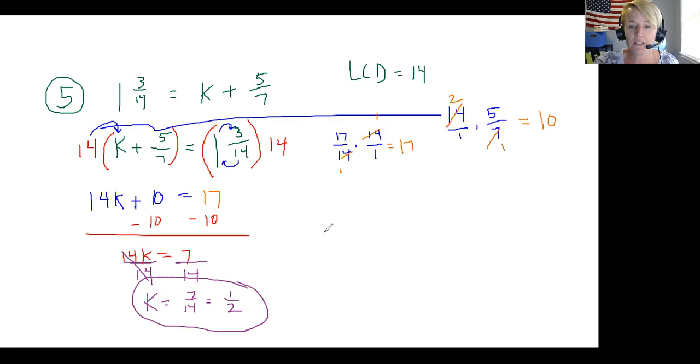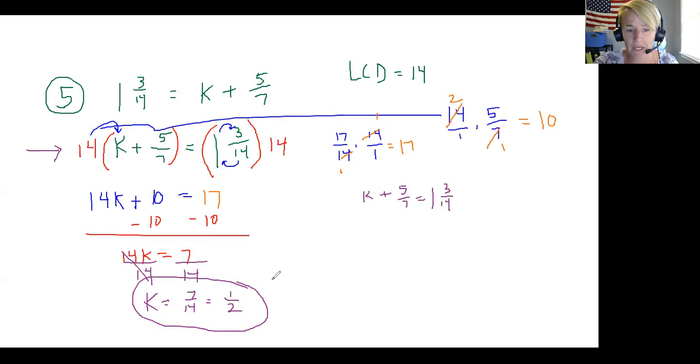Now, when I put it back in to check, it might be easier to leave it 7 over 14, okay? And I'm going to put it into this side because I like it written that way. So I'm going to say k plus 5/7 equals 1 and 3/14.